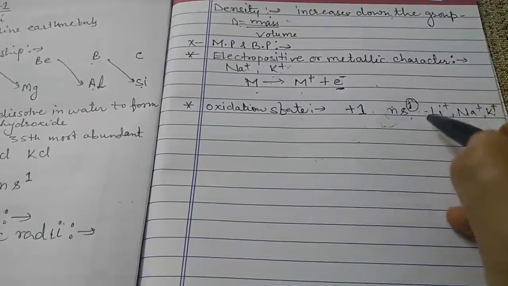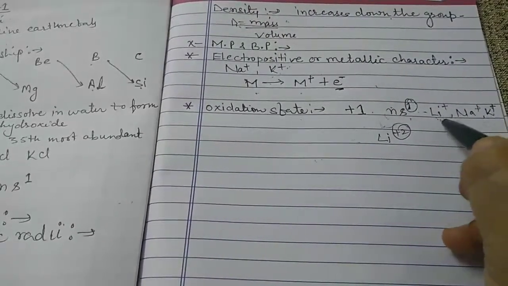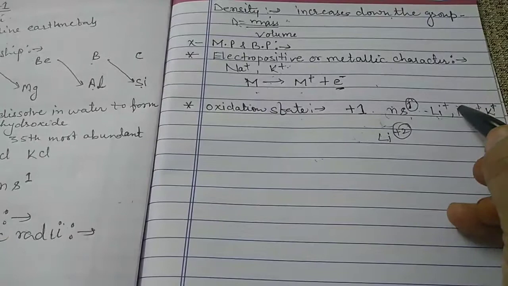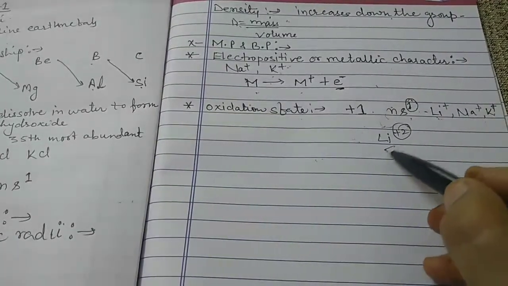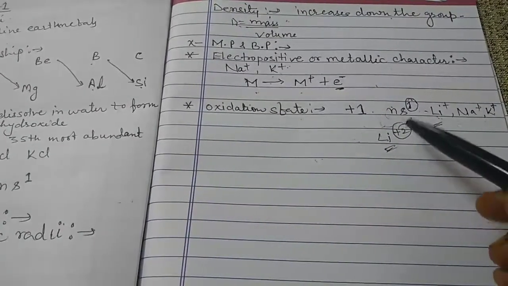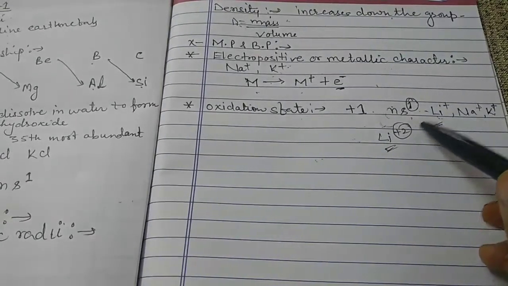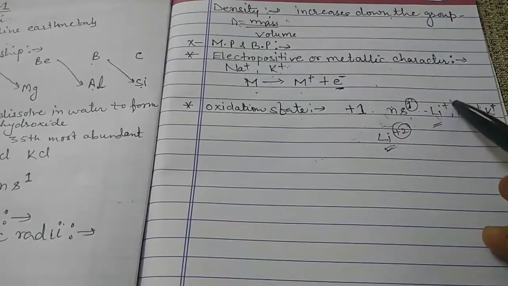Since the second ionization enthalpy is very high, they cannot form the divalent ion. This one is divalent, but they form the monovalent. This is Li+, where plus indicates one plus charge. Why doesn't it form the divalent ion? Because of the second ionization enthalpy. It becomes Li2+ when it loses 2 electrons, and Li+ when it loses 1 electron.